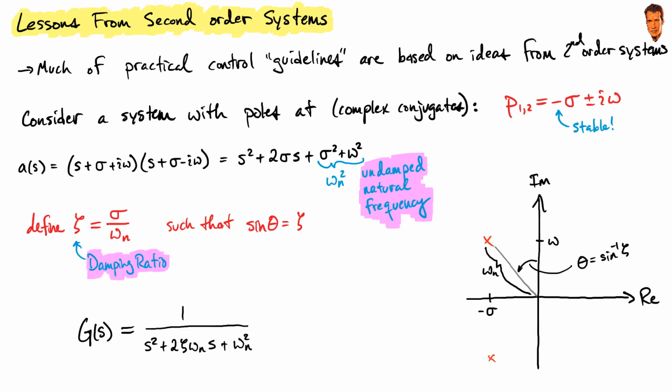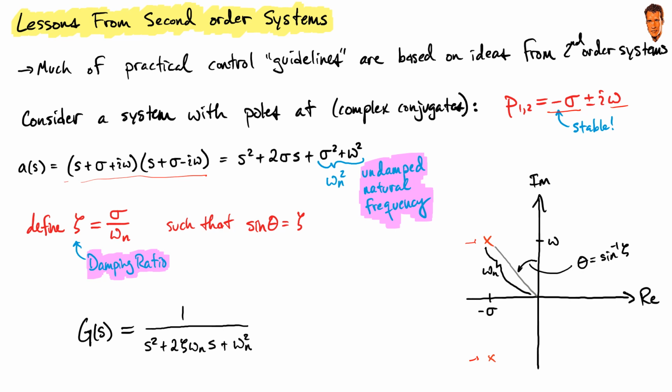So a lot of what we did from time domain specifications was motivated by just looking at a simple second order system, essentially a set of poles that are potentially complex. And what we were doing is mapping these from a stable real part and an imaginary part omega, finding these two locations in the complex plane and then computing the transfer function that corresponded to those.